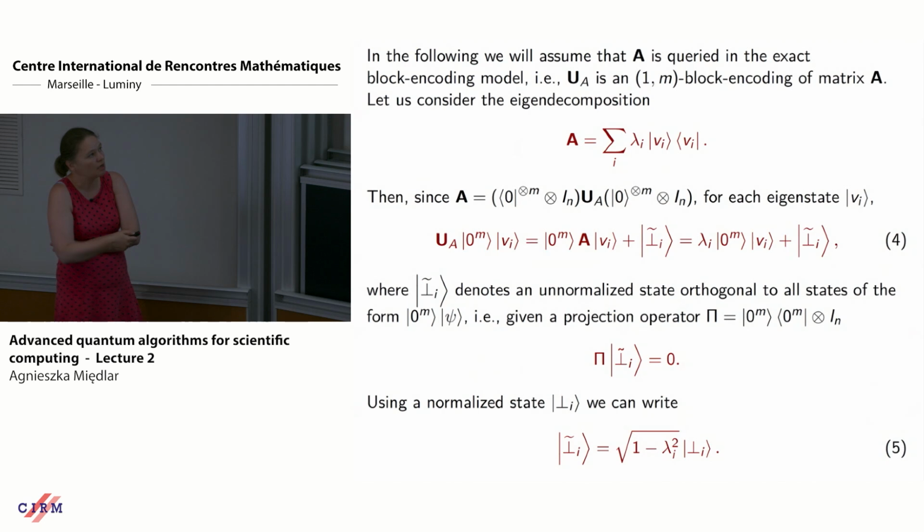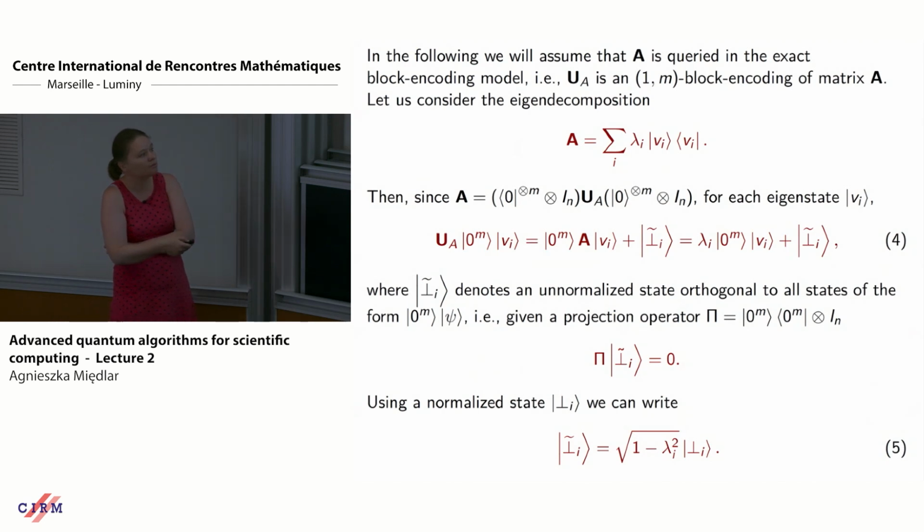Instead of this perp tilde, you get square root of 1 minus lambda i squared times perp i, not tilde, and this is when you use the normalization. This is an easy calculation, just following the definition and the properties of the unitary and the properties of the block encoding.